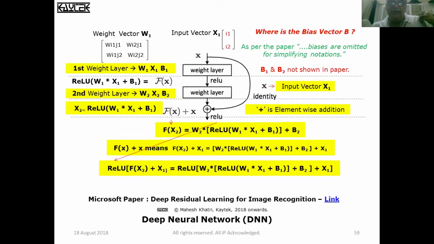And finally, it's interesting to note that the ReLU is happening after the Fx and the X are added to each other. So this is how the entire block gets calculated. And an important point is that the weight layers should be more than 2, and these can be both fully connected or convolutional layers.